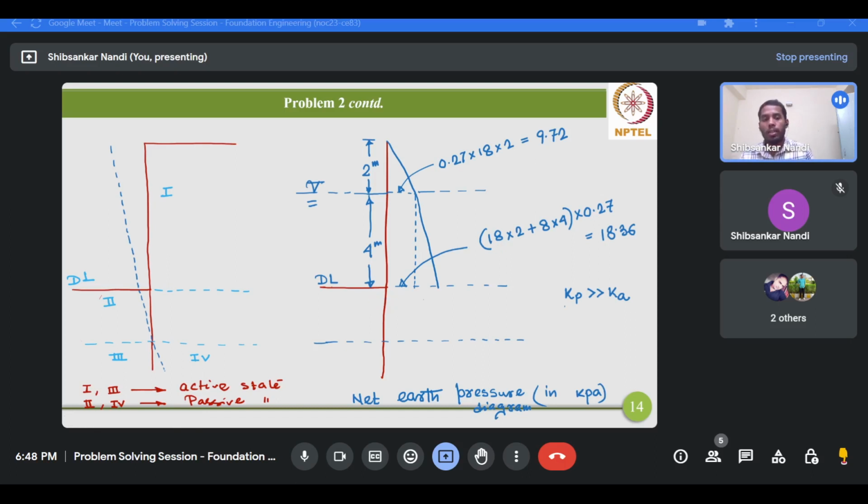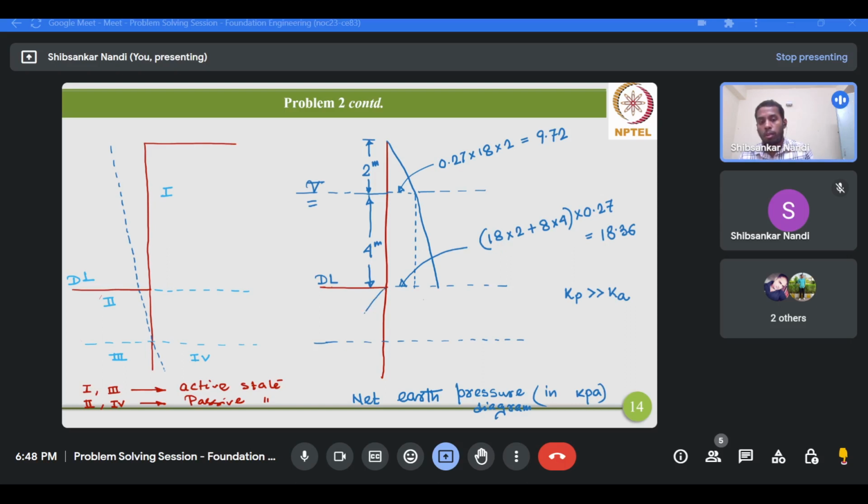Now we have to judge which pressure is greater. Based on the logic that Kp, the earth pressure coefficient for the passive condition, is much higher than the coefficient in the active condition, the net pressure diagram will shift from the right side to the left side of the wall.